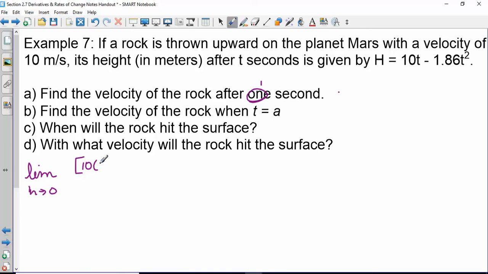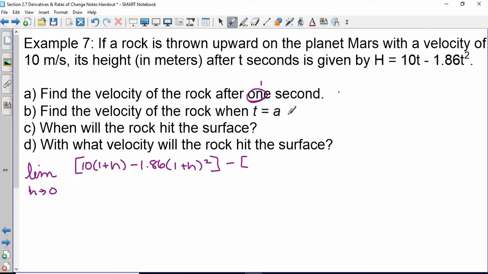Okay, so f of x plus h, that means you're going to this equation, you're replacing your t with 1 plus h. Minus f of x.